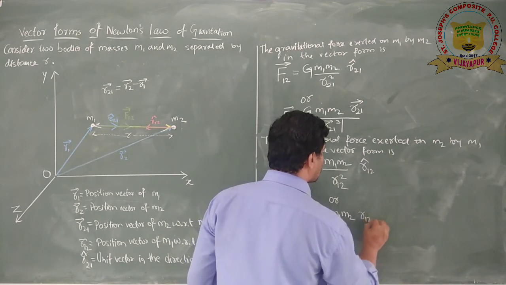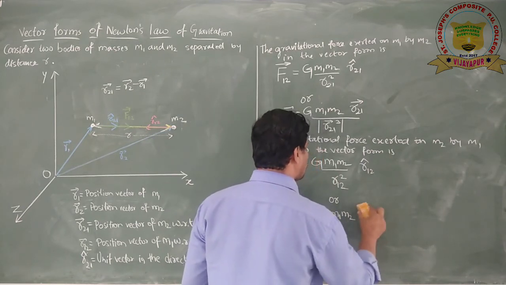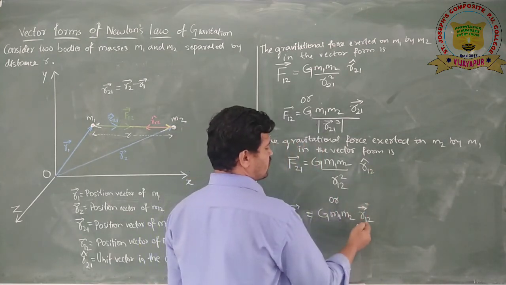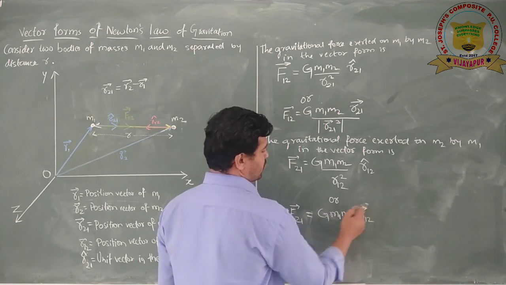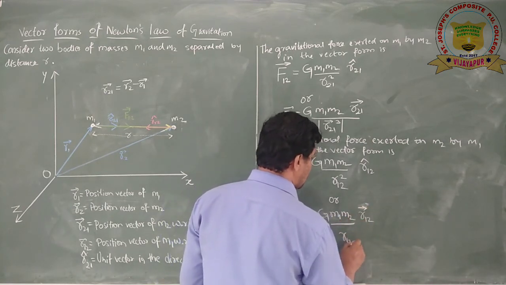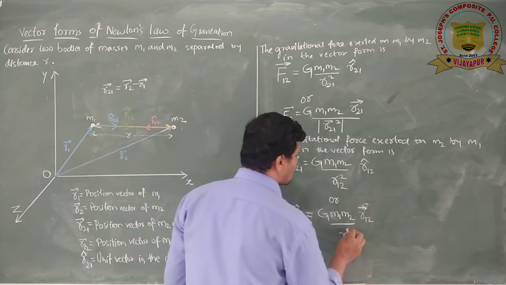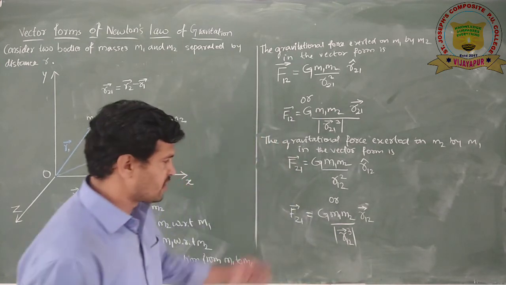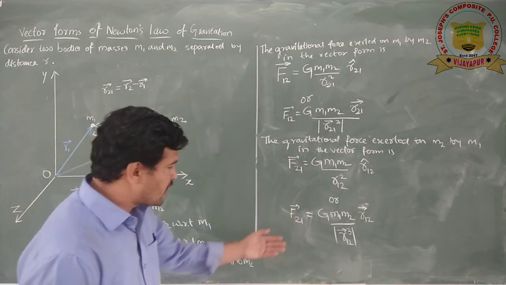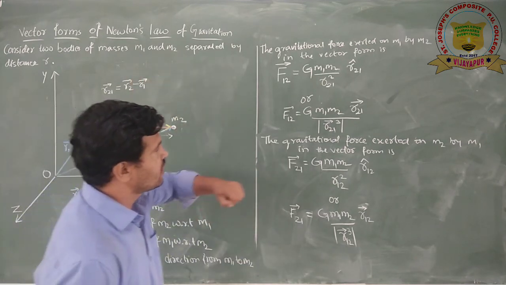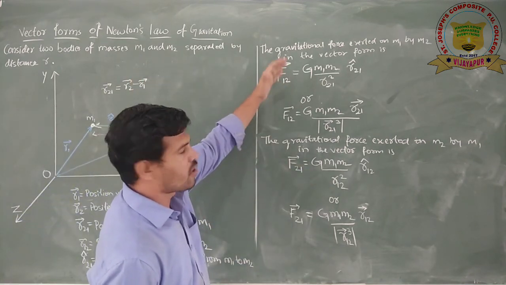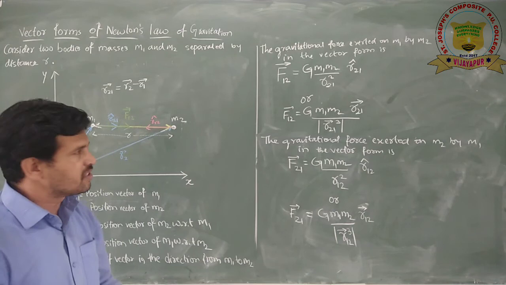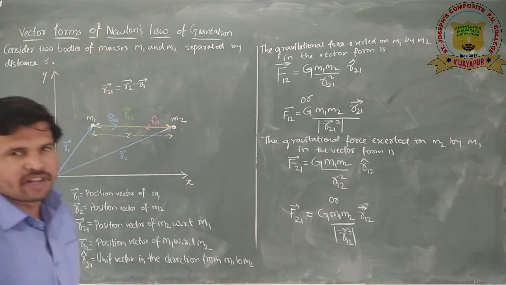When you multiply the magnitude R12 with the unit vector, you get the position vector R12, and then here also I have to multiply, so it will become R12 cube, the magnitude. So this equation gives us the vector form of Newton's law of gravitation. So here are two equations: one, the force on m1 by m2; here, the force on m2 by m1. This is the vector form of Newton's law of gravitation.